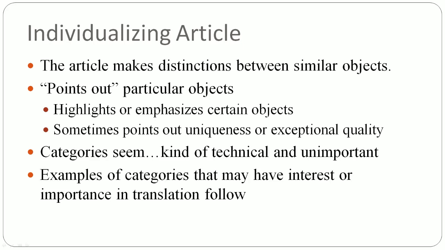In using it this way, the individualizing article makes distinctions between similar objects, objects of the same class or the same kind. The individualizing article is like taking your finger and pointing out a certain one, highlighting or emphasizing a certain object or certain objects.